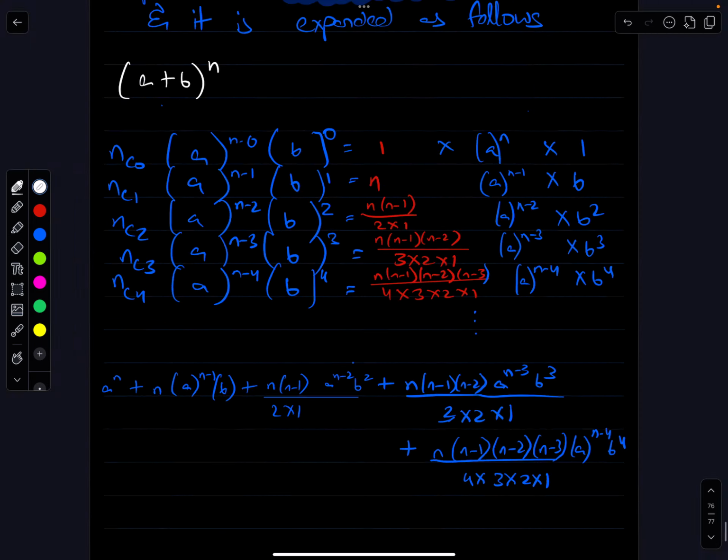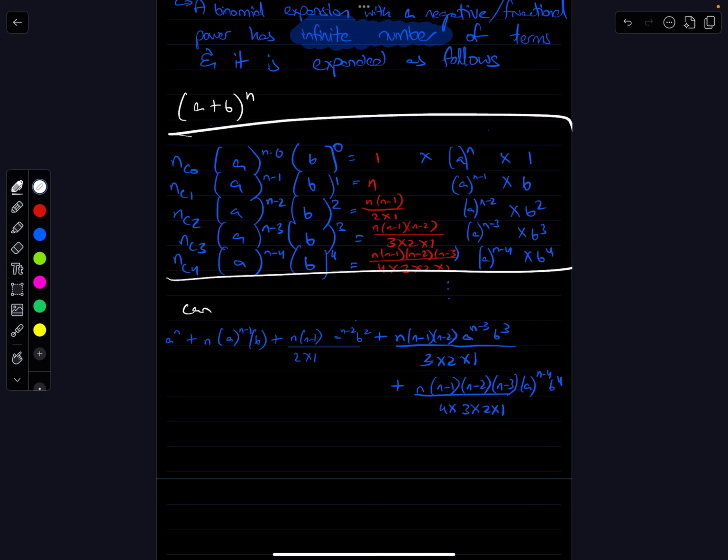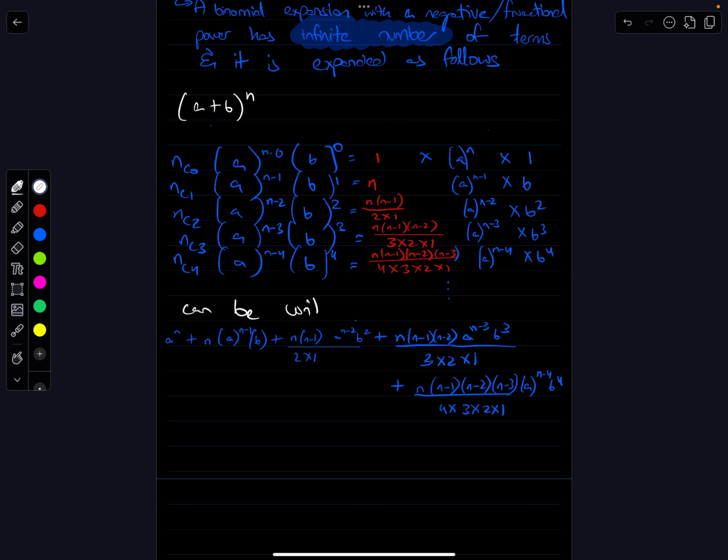So anything to a negative fractional power can be expanded like this, and its expansion can be written simply as this, and this can continue to be expanded in the same order.